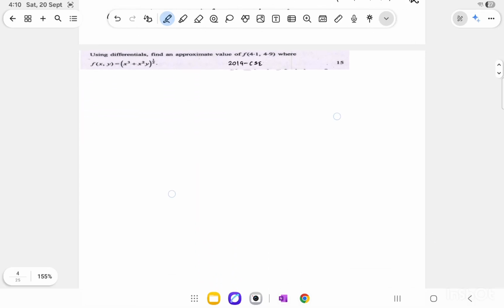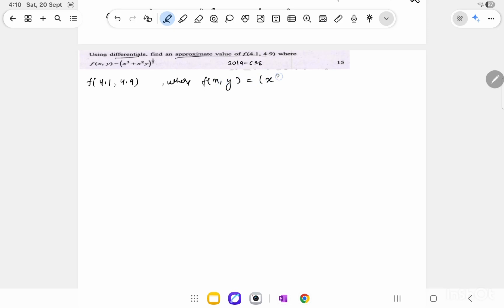So the next question says: use the differentials and find an approximate value of f at 4.1 comma 4.9. So we are supposed to find the approximate value at 4.1 comma 4.9, where our function f(x, y) is defined as x cube plus x square y raised to 1 by 2.